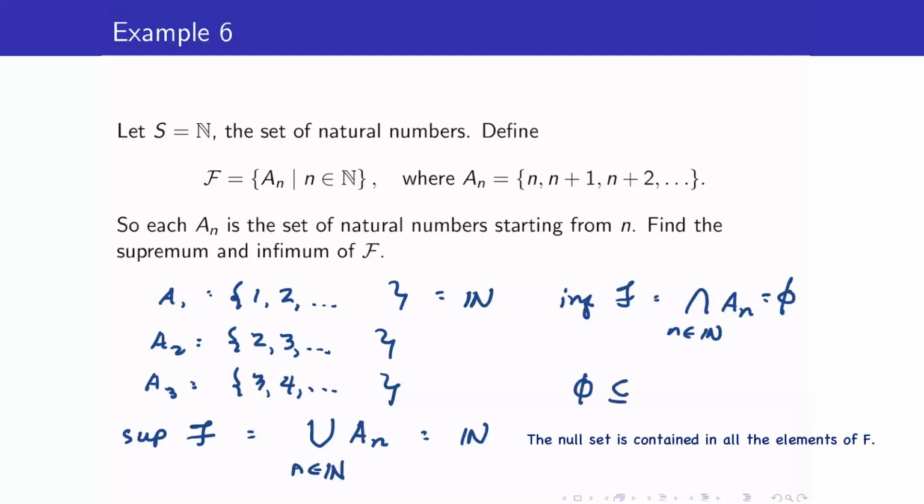The null set is contained in all the A sub n's, correct? So the null set is a lower bound, and actually it is the only lower bound. So definitely that will be the greatest lower bound. We cannot find any sets smaller than the null set.